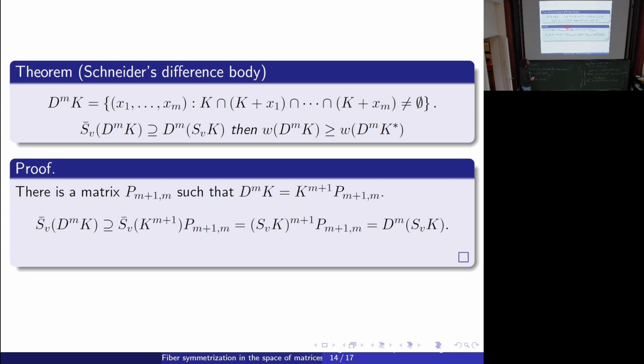You can write this D_mK as a product of the convex body to the n+1 times a matrix to the right. And then you use again that the fiber symmetrization interacts very well with right multiplications. So you have just a chain of equalities until you get that the symmetrization of D_mK is inside D_m of the symmetrization of K.